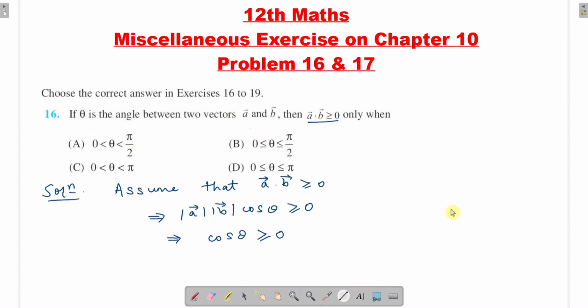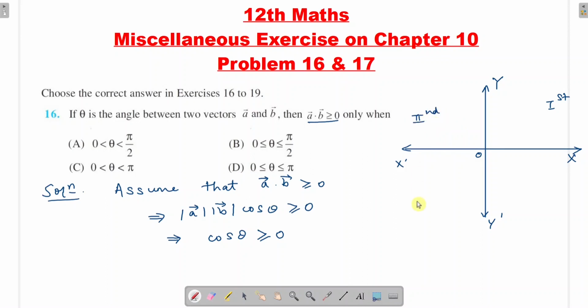For that we have to apply the all silver tea cup concept. So we have to draw the coordinate axes. This is the x axis, this is the y axis, this is the origin. Then this is the first quadrant, second quadrant, third quadrant, fourth quadrant.